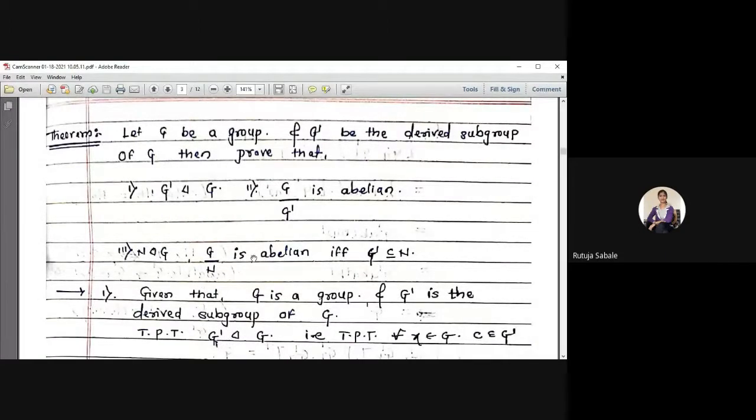First one, this one we have to prove that G' contained in N is necessary. Next, in the second part, we have assumed that G' is contained in N, and we have to prove that G by N is abelian. Assuming G' contained in N and N is a normal subgroup, we have to prove that G by N is abelian.